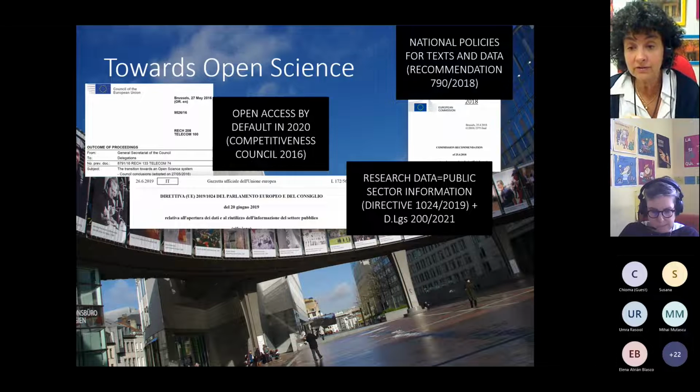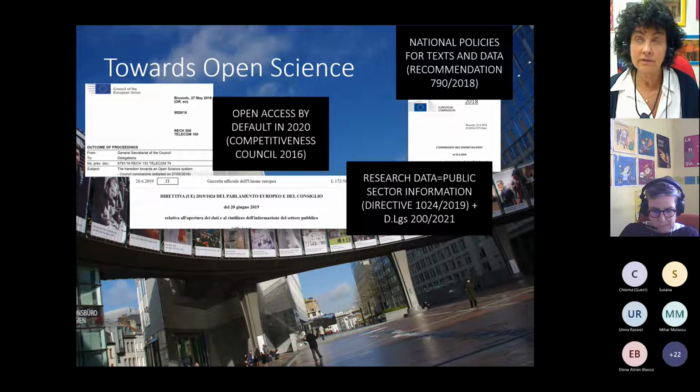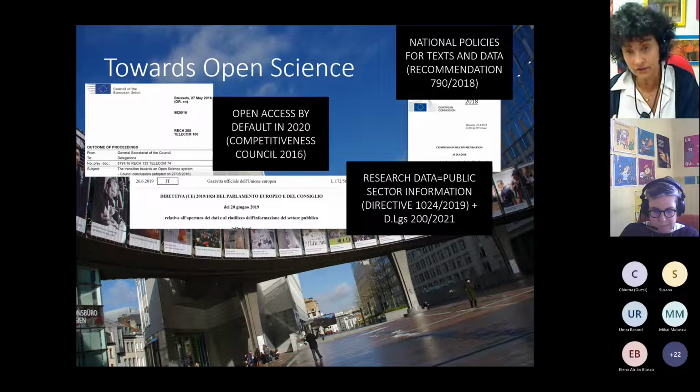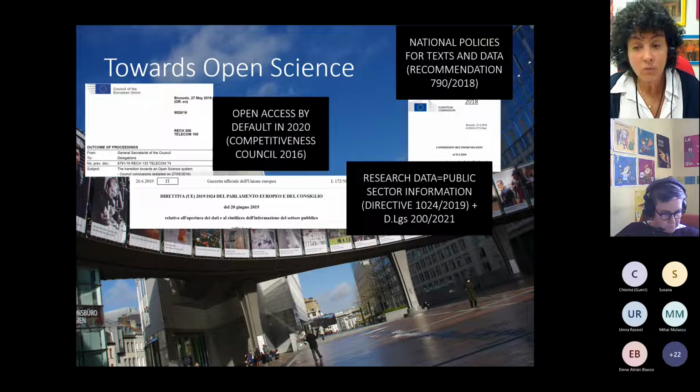In Italy, we have this, of course, as every directive should be, I don't know the term in English, received by the national legislation. So it's a mandate by law that your data must be open, or always according to the principle as open as possible, as closed as necessary. If you have valid reasons to keep them closed, you can keep them closed, but the default should be to open, okay?